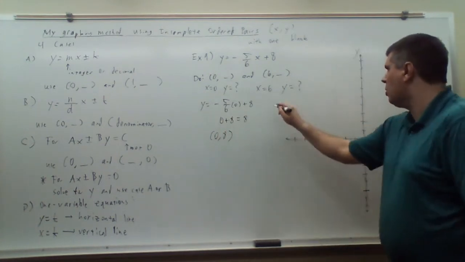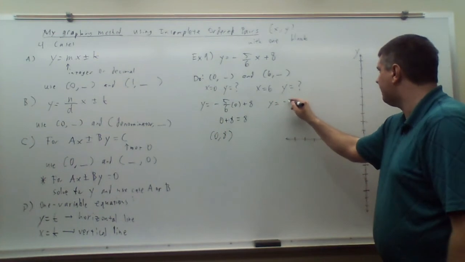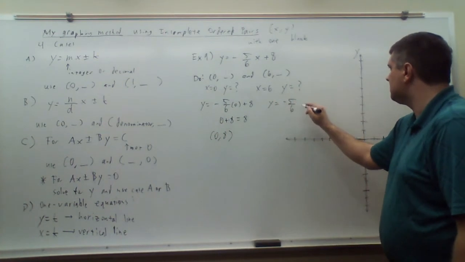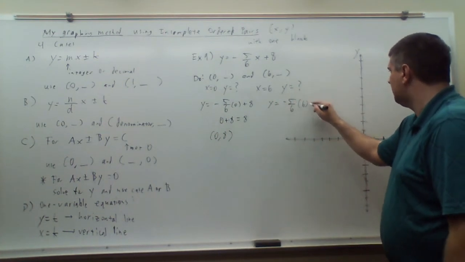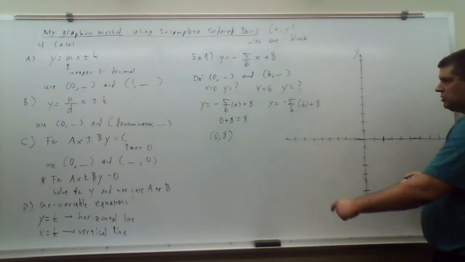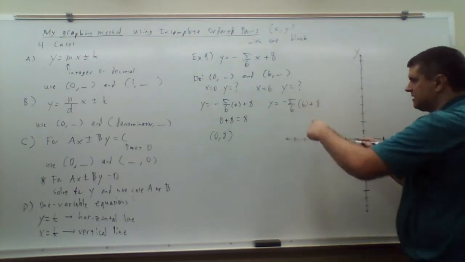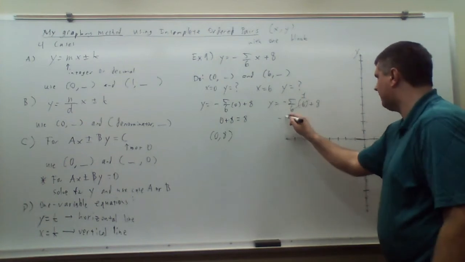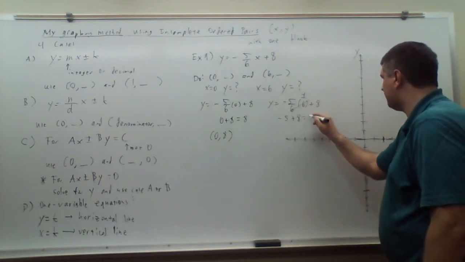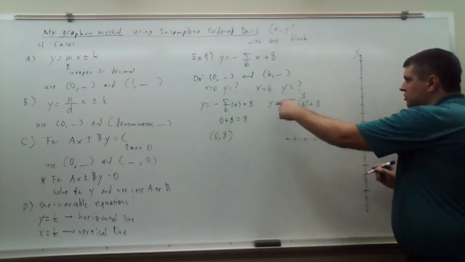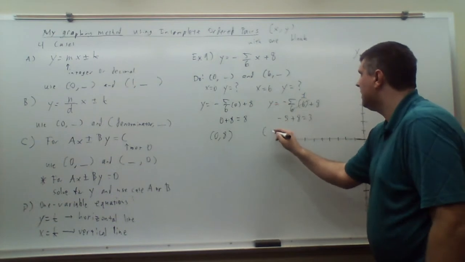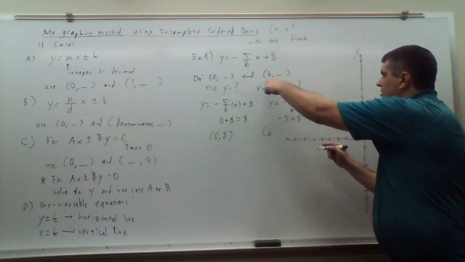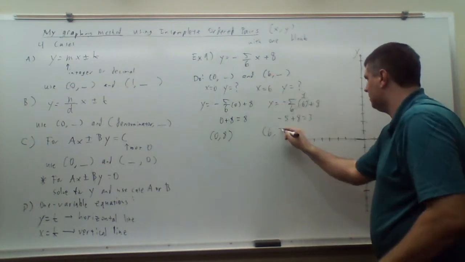For this one, y equals negative 5 sixths times 6 plus 8. Well, folks, 6 divided by 6 is 1. Negative 5 times 1 is negative 5. Plus 8, I end up with 3. So y is 3. So x is still 6, but y is 3.